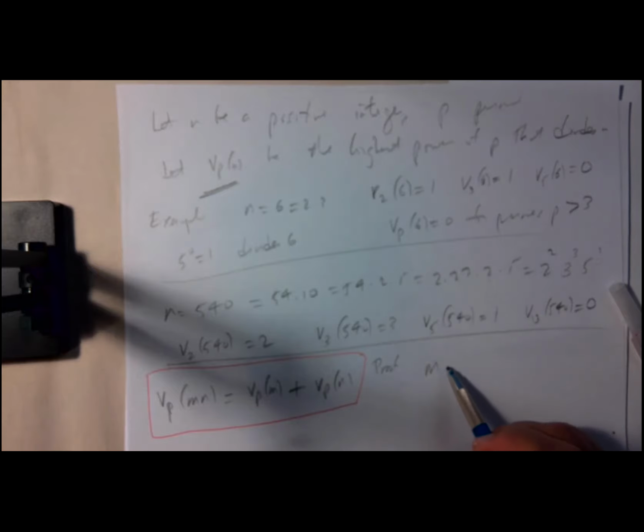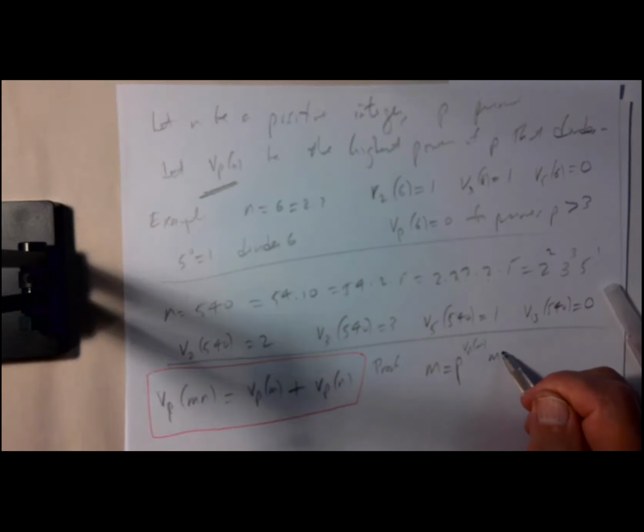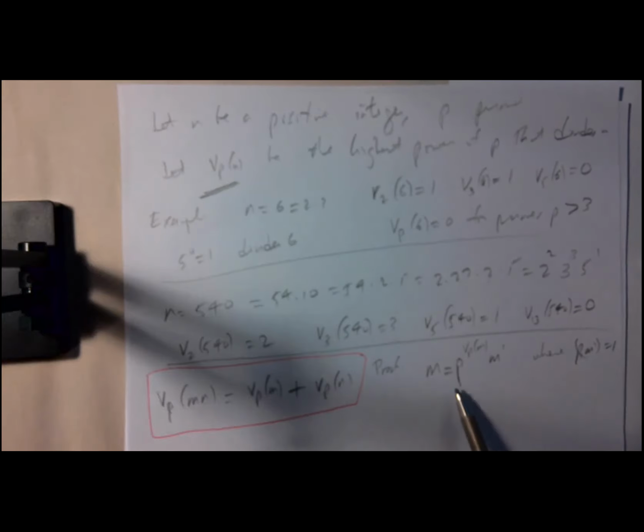Suppose I take m and I write it as a product of primes. So I know it's divisible by p to the v sub p of m times some number, I'll just call it m prime, where p and m prime are relatively prime. P doesn't divide m prime because p to this is the highest power of p that divides m.